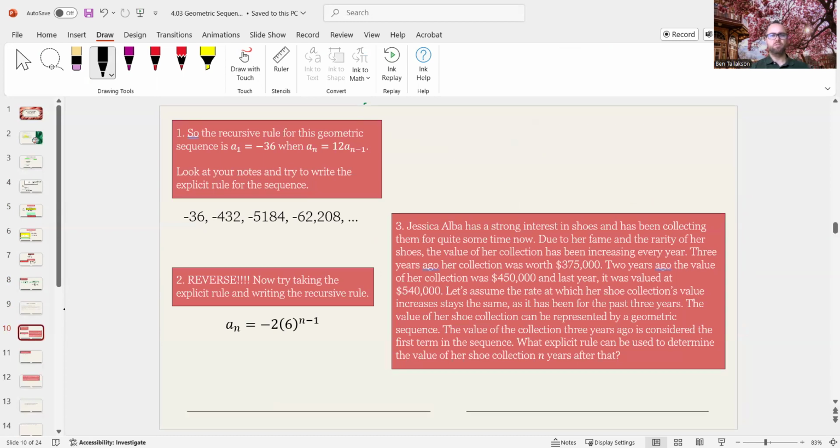And now it's time for more practice, specifically here with a real life situation. So the recursive rule for this geometric sequence is given right here. And you want to look at your notes and try to write the explicit rule for this sequence. That is our first objective.